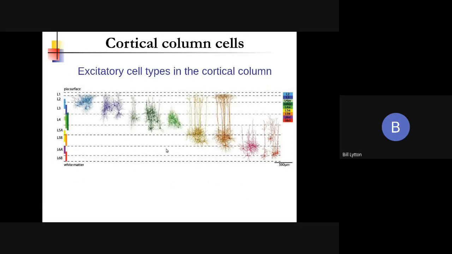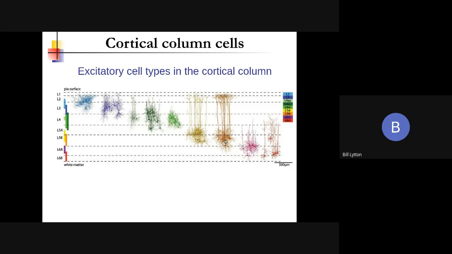Different cells across the cortex are different characteristic shapes. Again, our favorites tend to be these massive L5 cells. The L5A cells tend to be these intratelencephalic cells, which are thin, tufted, and are relatively adapting. The somewhat lower L5B cells are thick, tufted, and more strongly firing.